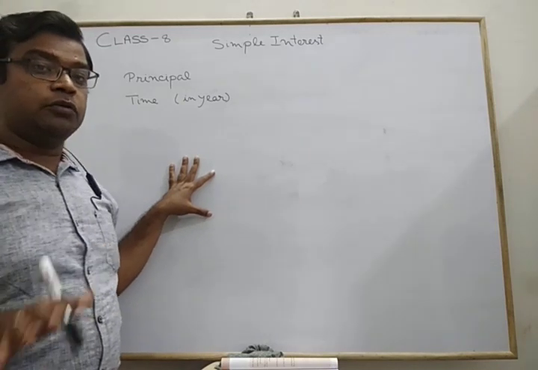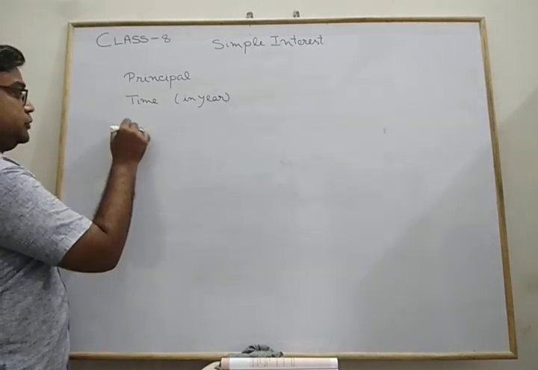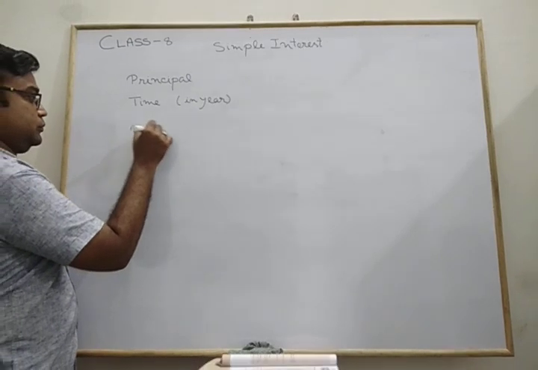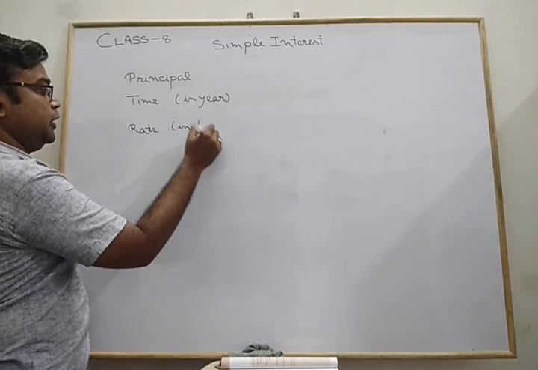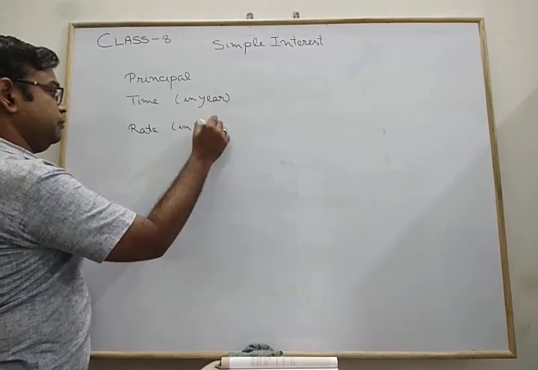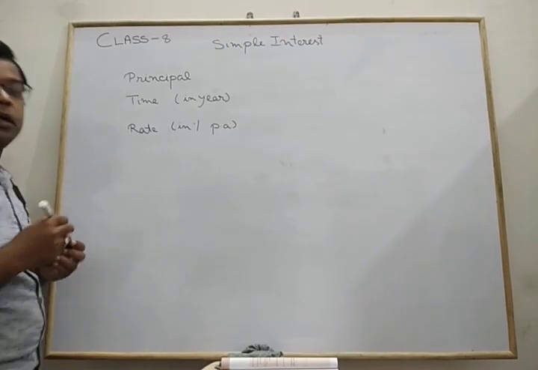The total figure is 110. So that is your rate. Rate is always in percent form, and it is per annum, or PA.